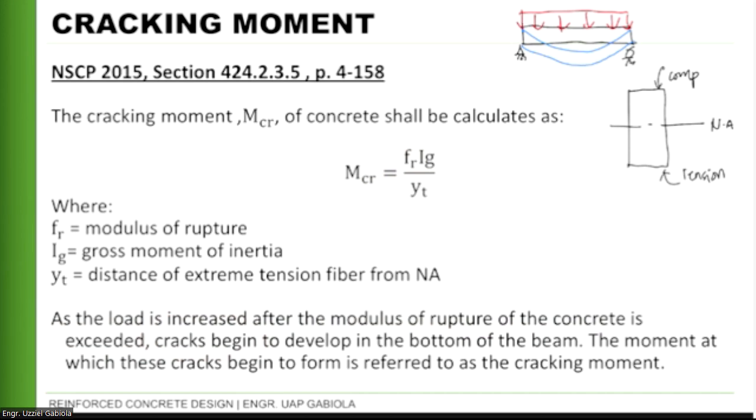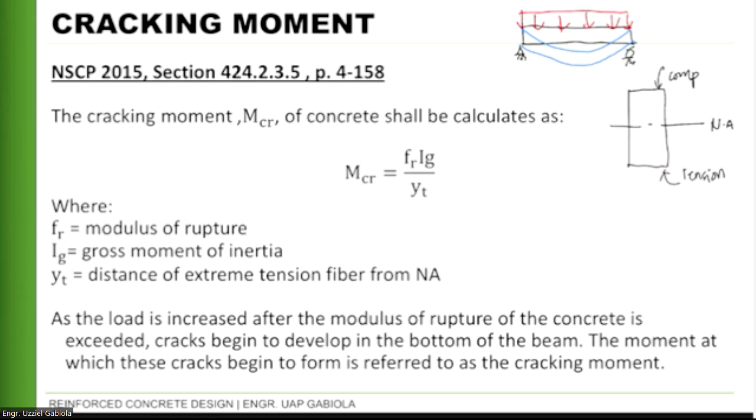Like I've already mentioned, when cracking has developed, the tension side of our concrete is considered negligible already. So it's not working. That is why the one counteracting the forces generated by this loading is the rebars, or the reinforcing steel bars that we provide on reinforced concrete.